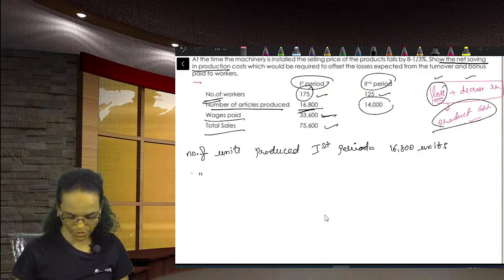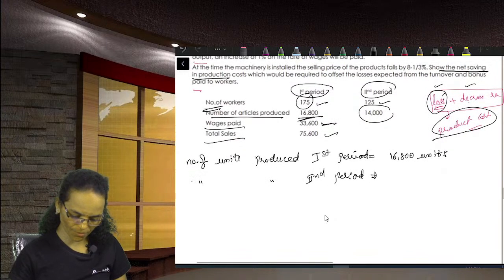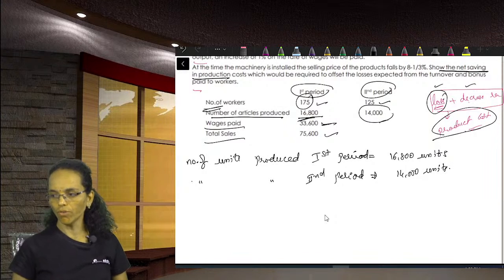Now, number of units produced in the second period. How many units are we producing now? 14,000 units now we are producing.